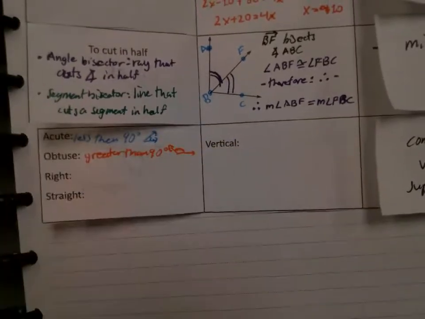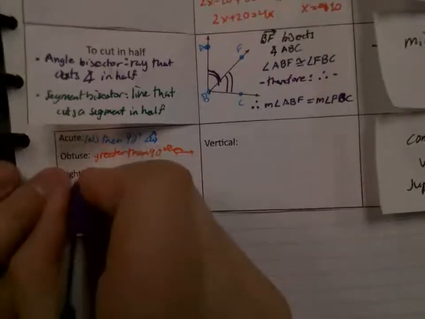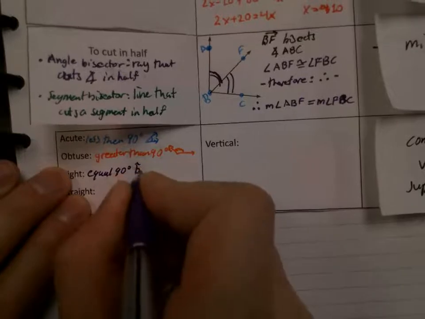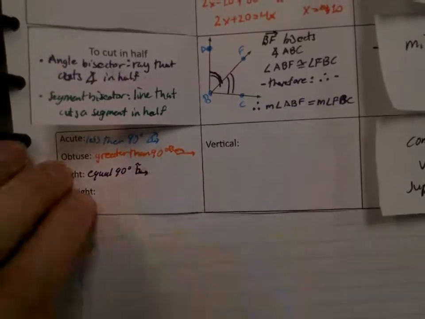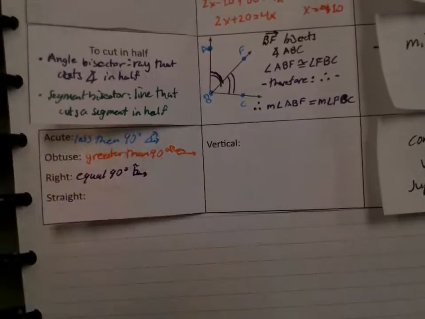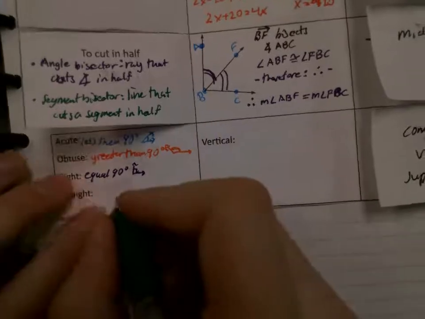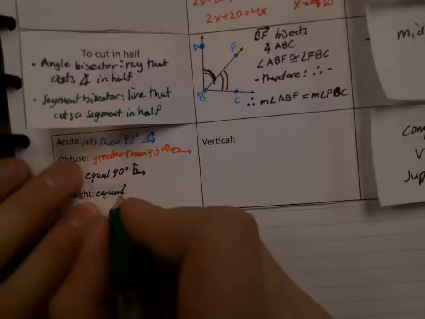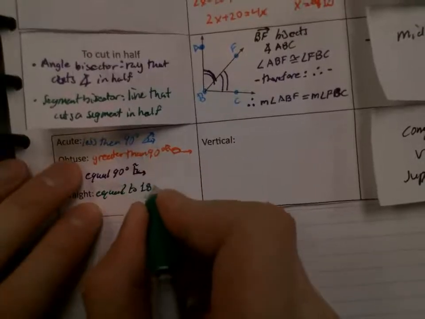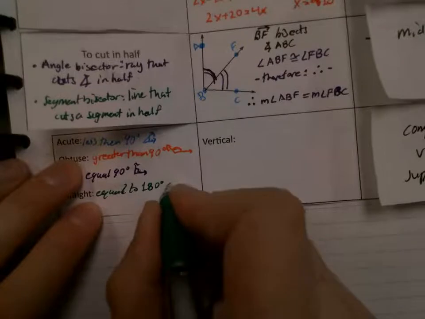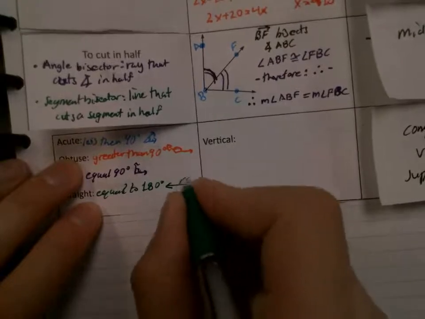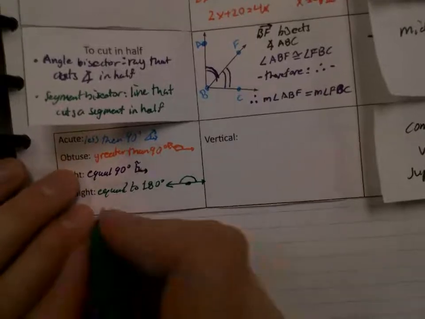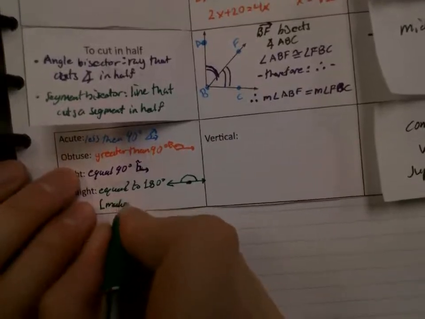Right, which is equal to 90 degrees, which we denote with a little tiny box in the corner. And finally, straight, which is equal to 180. And that makes a line.